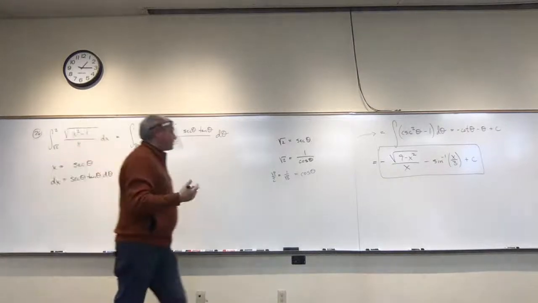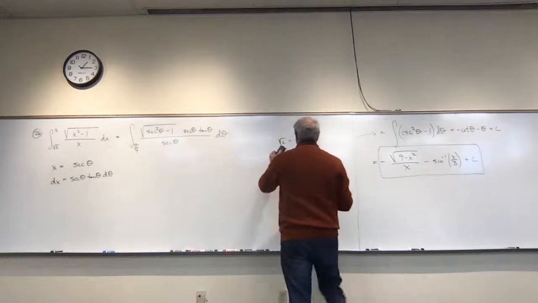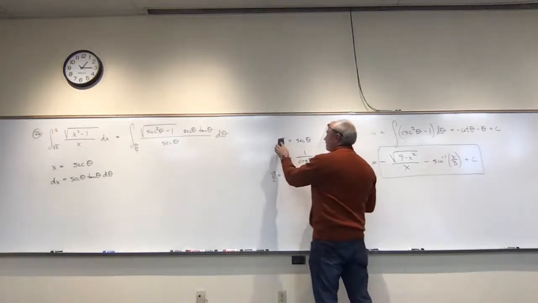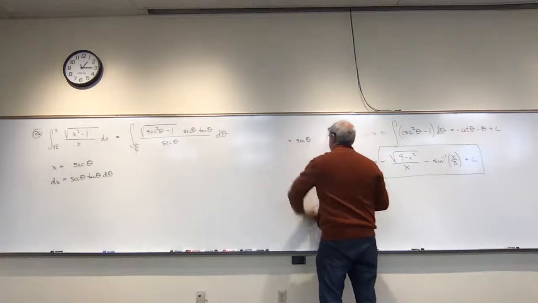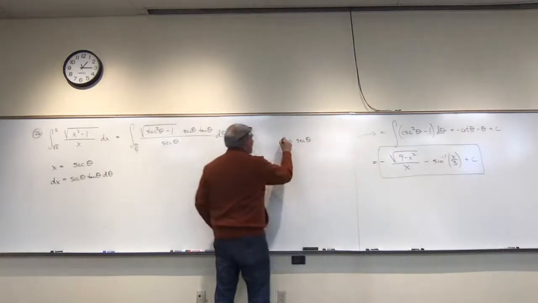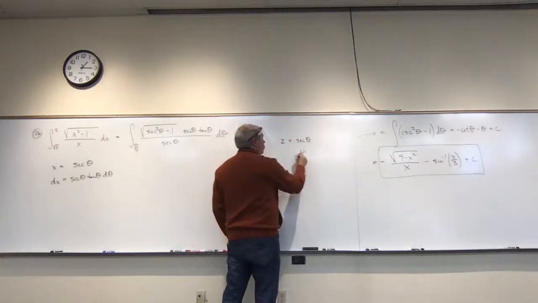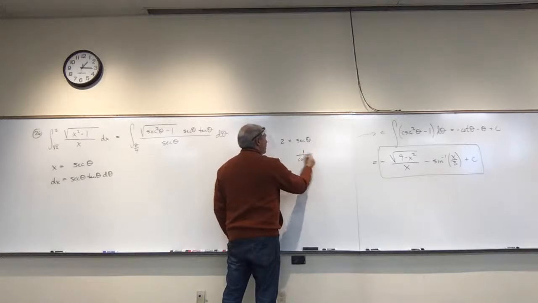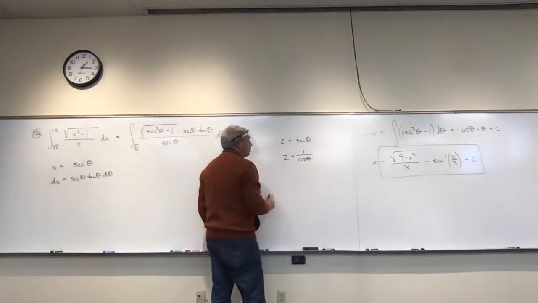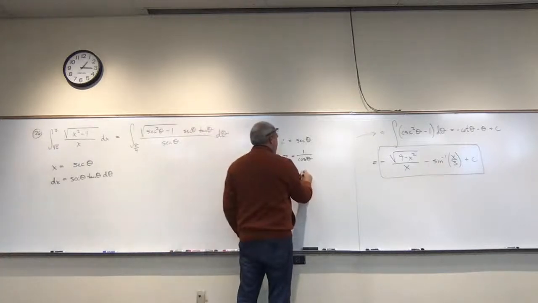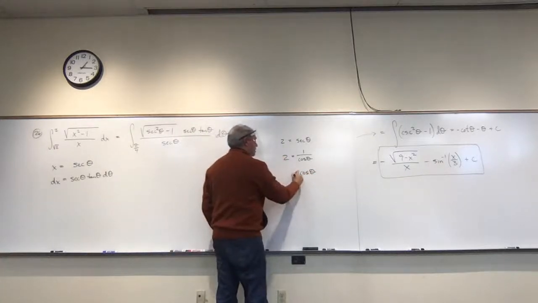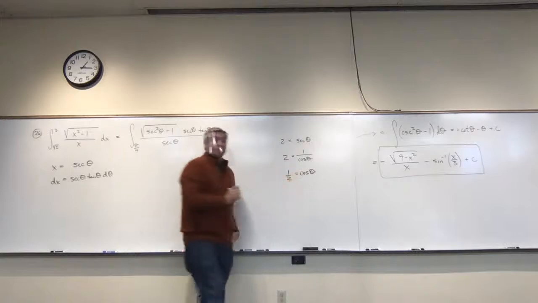Let's do the exact same thing, except now secant of theta needs to be 2. So if secant of theta is 2, then 1 over cosine of theta is 2. Now we could reciprocate. And we could say that cosine of theta is 1 over 2.